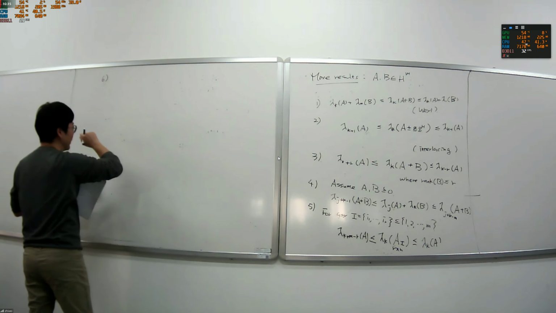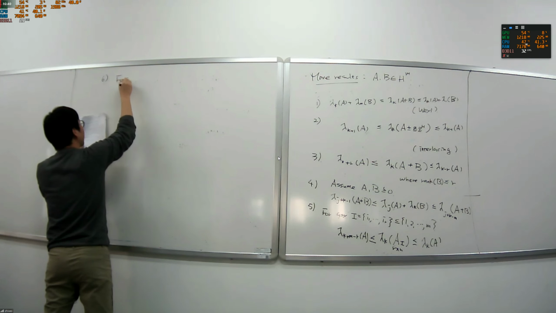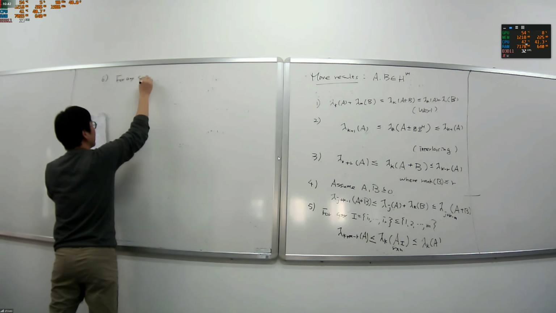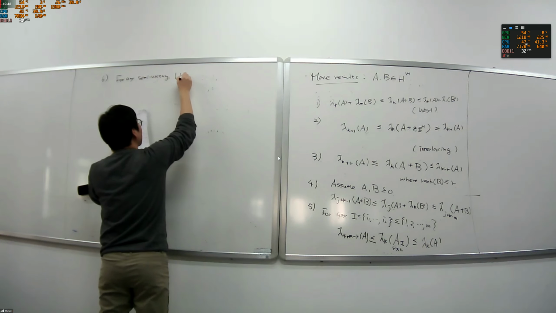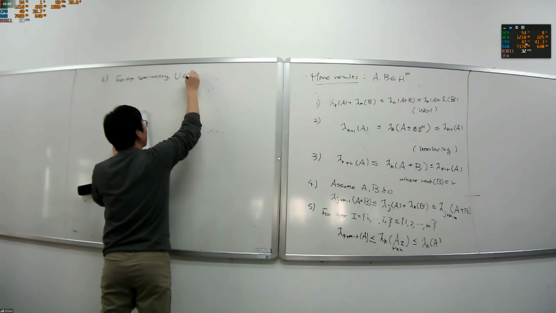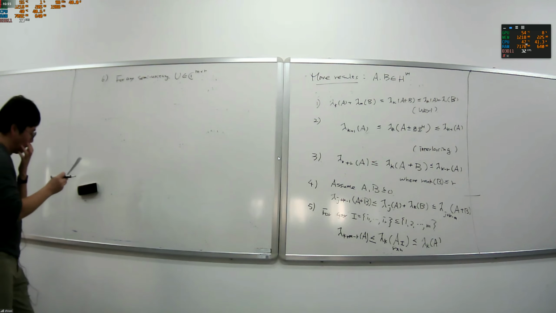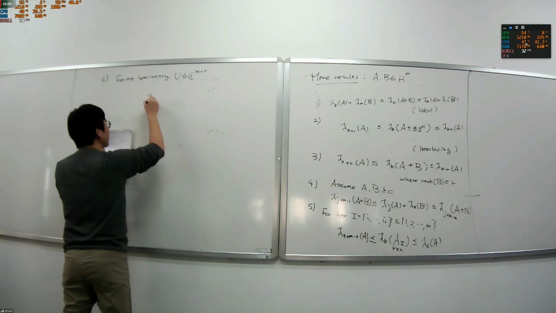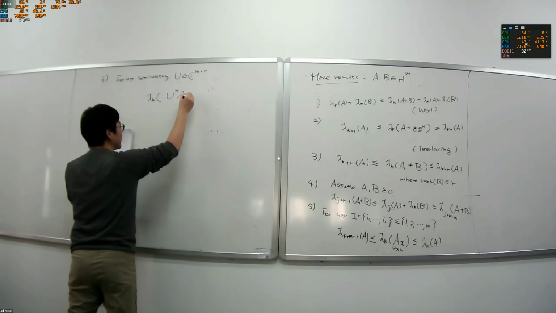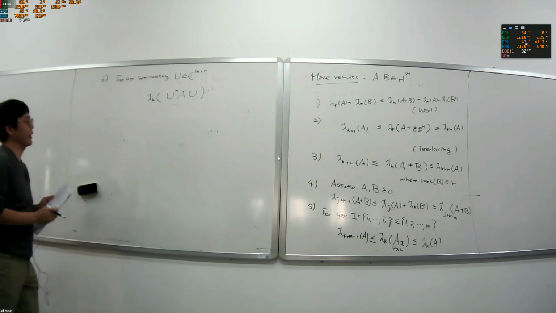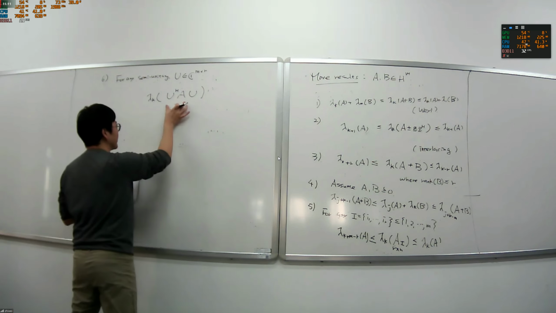Okay, then the last one is that if we have a semi-unitary matrix, then if you transform this matrix A using the semi-unitary matrix, now this becomes an R by R matrix, right?